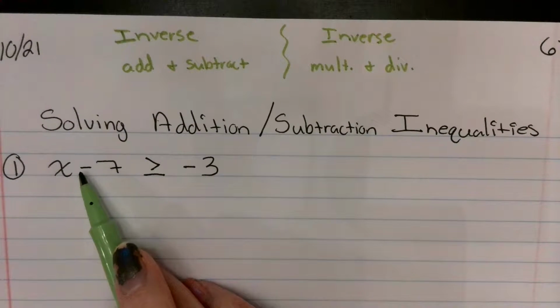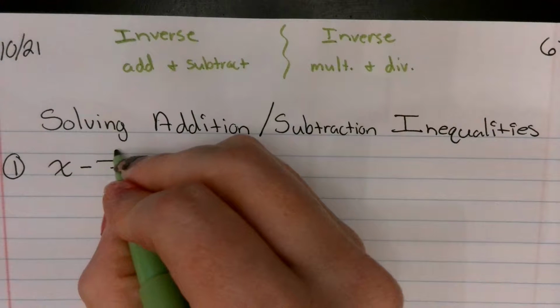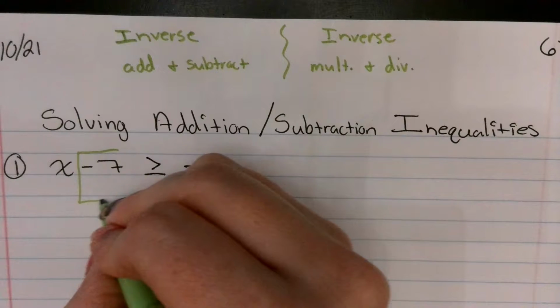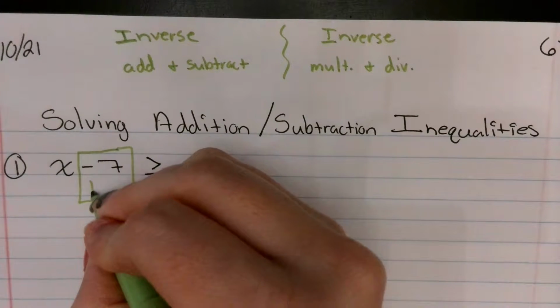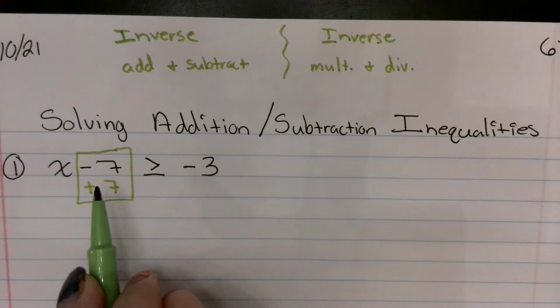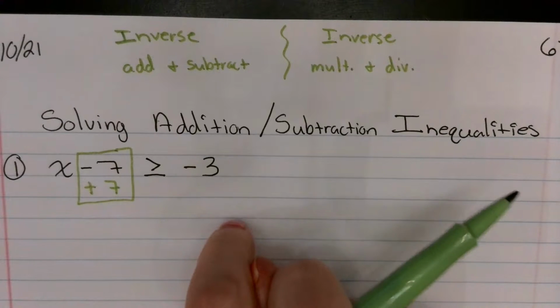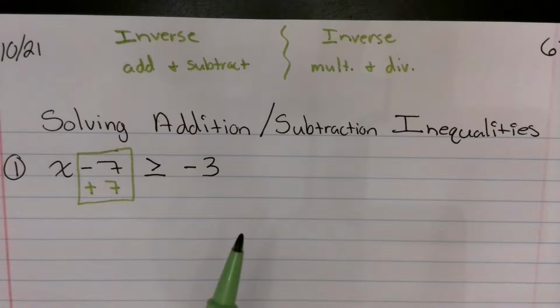Since we happen to have a subtraction of 7 occurring here, my inverse operation is going to be to add 7. But I can't just add 7 here. I have to make sure that what I'm doing to one side happens over on the other side of the inequality as well.